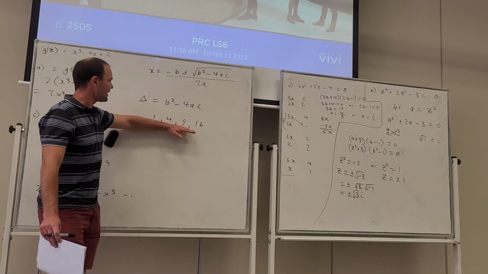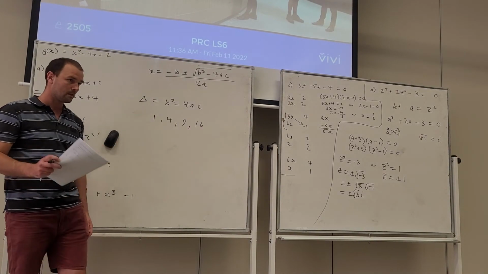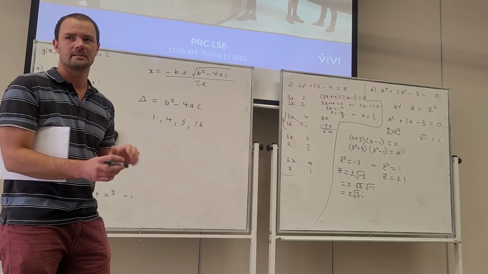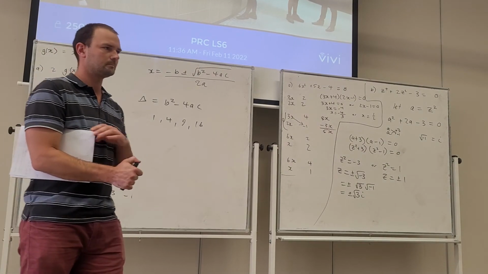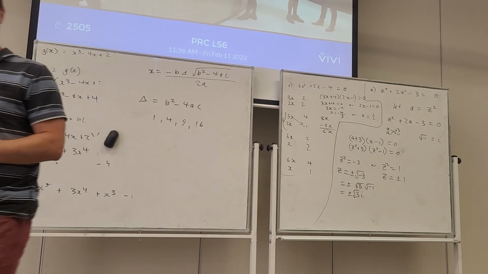Okay, so if it's a square number, then it's going to have rational roots. That's where the discriminant comes in. You should find it pretty easy to begin with. All right. Any questions? Good.